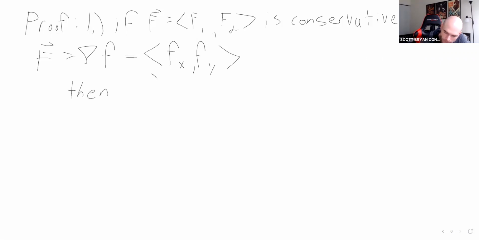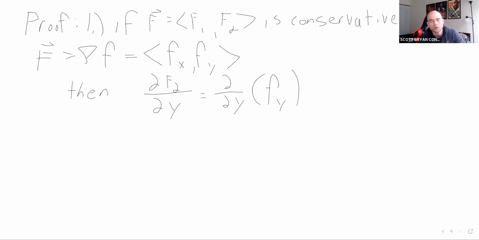So then the partial of F2 with respect to x is the partial with respect to x of f sub y, where little f is our potential. And when you take the derivative with respect to x of f sub y, you get f sub yx.